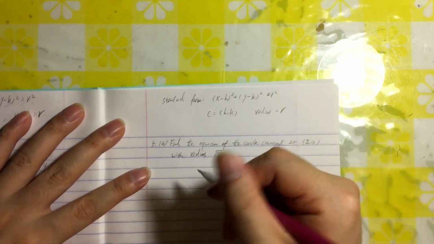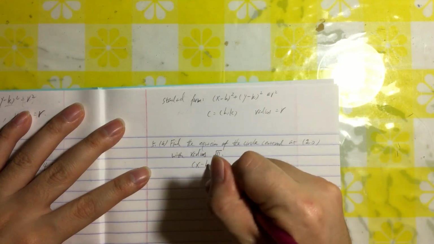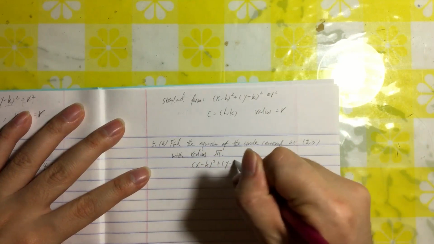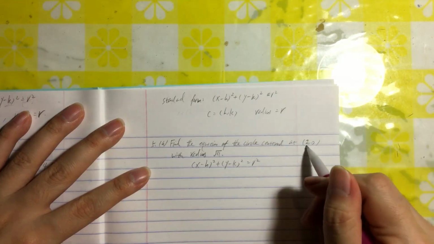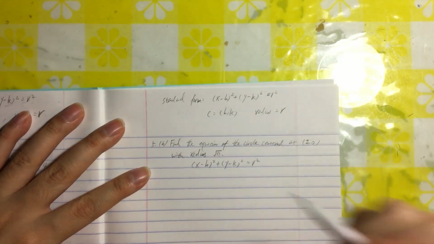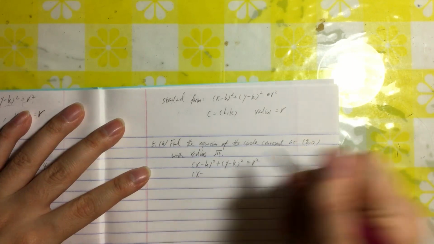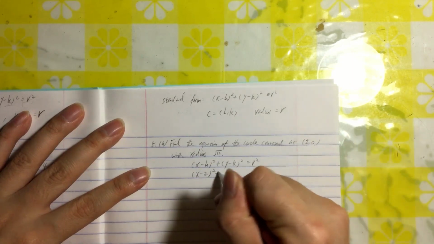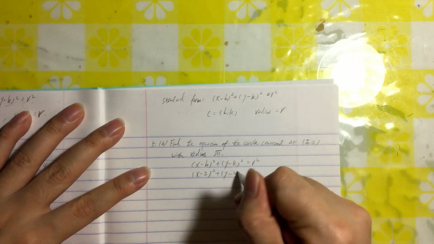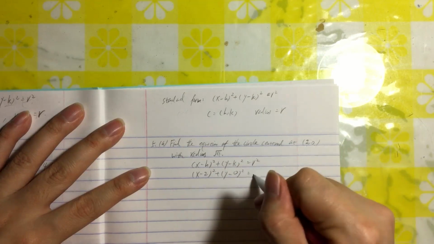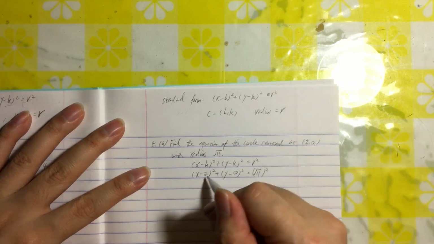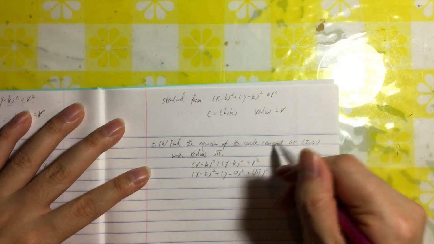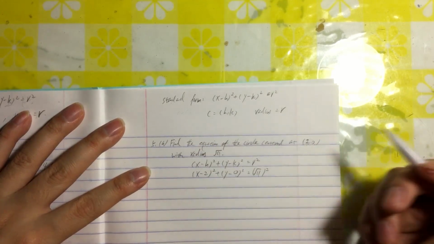So we plug in. We have x minus h squared plus y minus k squared equal to r squared. If we plug in h, k, and r, we have x minus 2 squared plus y minus 0 squared equal to square root of 11 squared. Here, the center 2, 0 represents h and k.